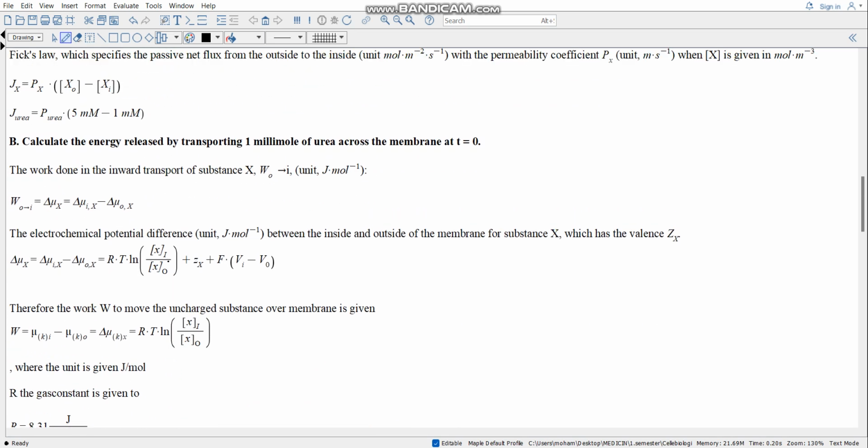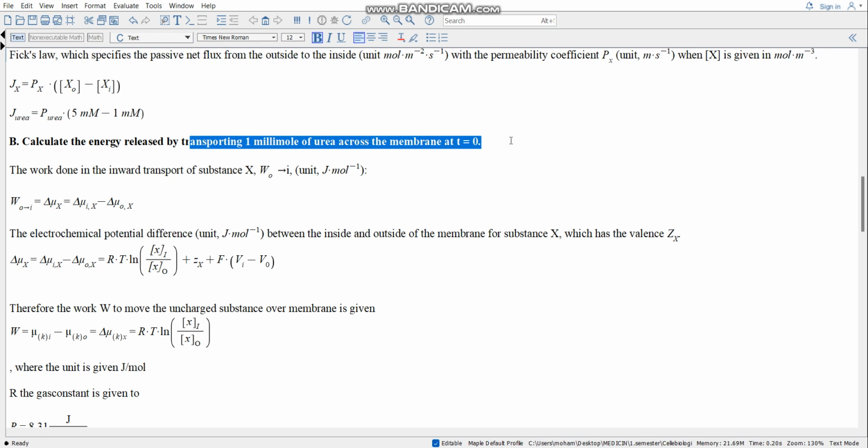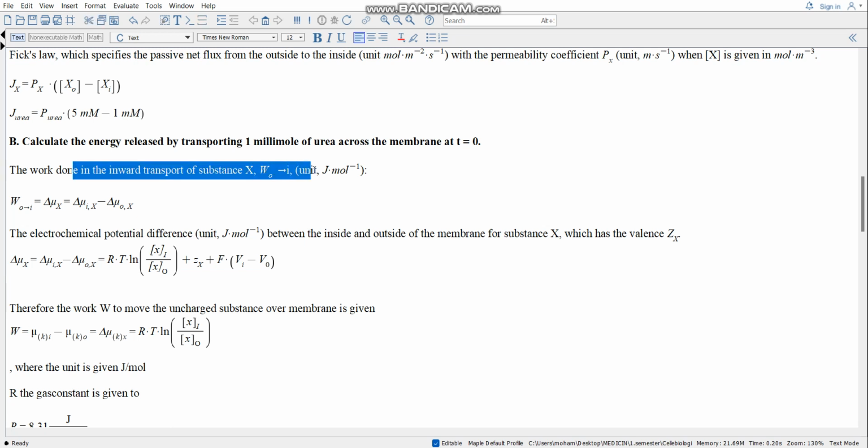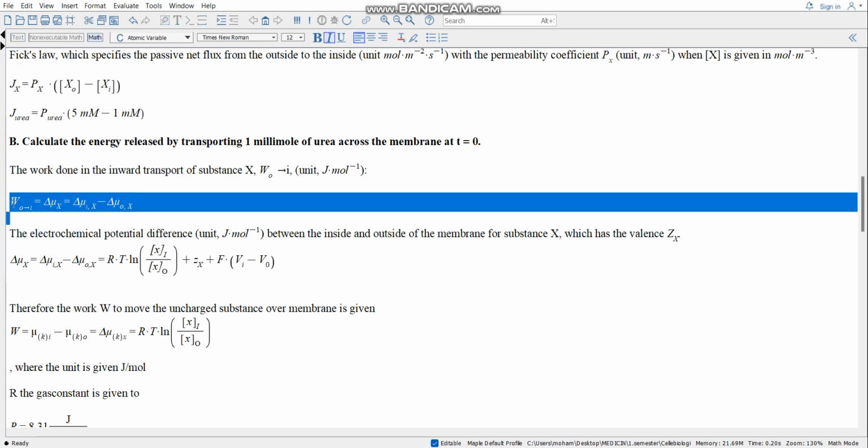Now let's try to solve B here. Calculate the energy released by transporting 1 millimole of urea across the membrane at T0. So here we have a couple of equations, right? The work done in the inward transport of substance X can be calculated using this formula.